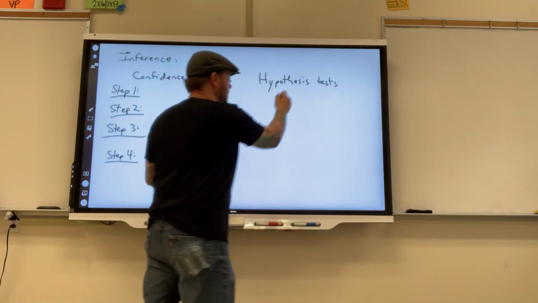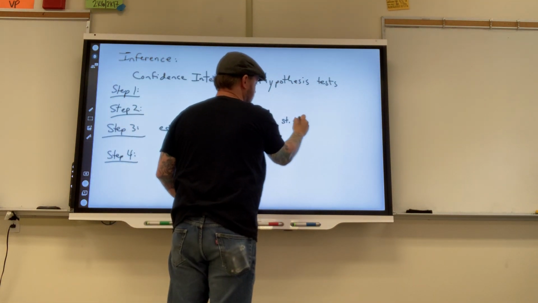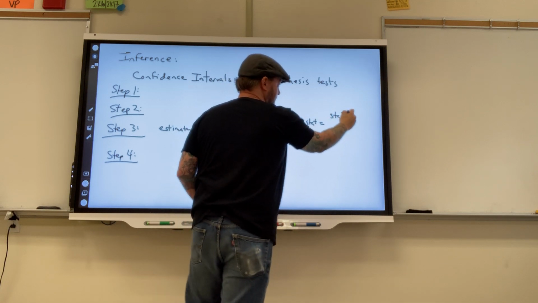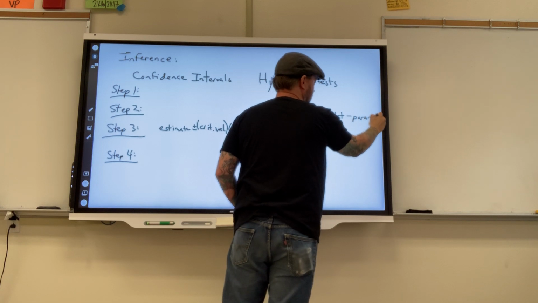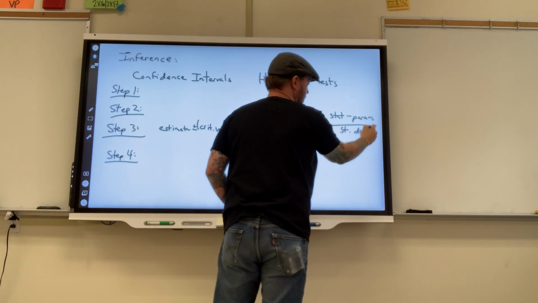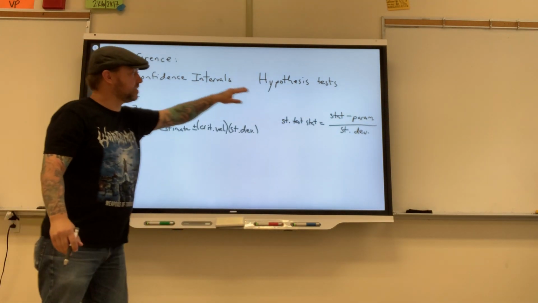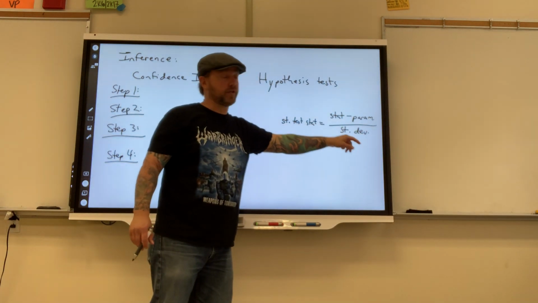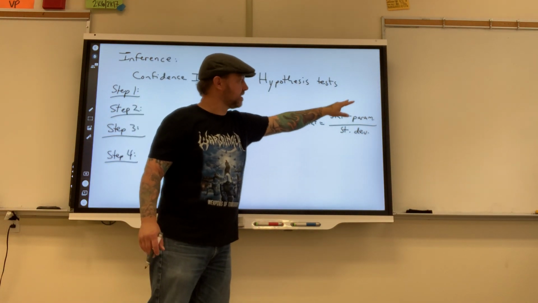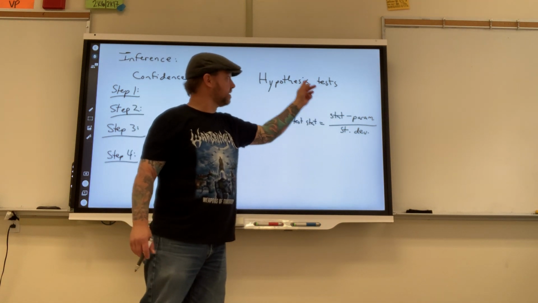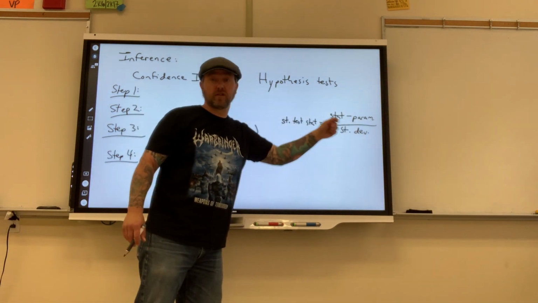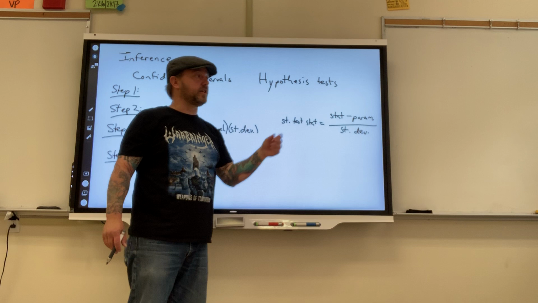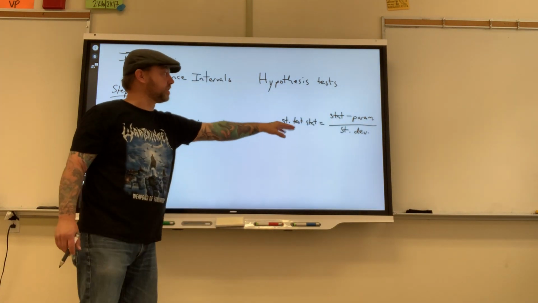For a hypothesis test, it's always the standardized test statistic: statistic minus parameter over standard deviation of statistic. So if it's z, it's x bar minus mu over sigma over root n. If it's t, it's x bar minus mu, and for mu it's mu naught, over s over root n. If it's 2 samples, use the 2 sample procedure. If it's 2 proportions, use the 2 proportion procedure.